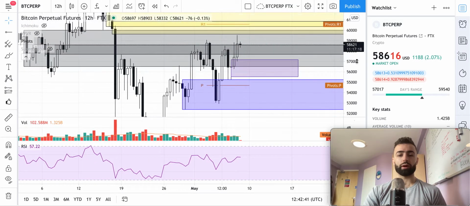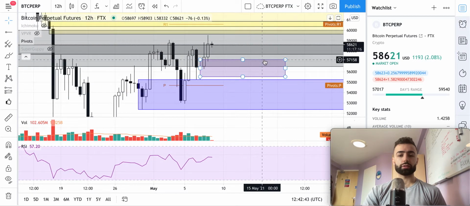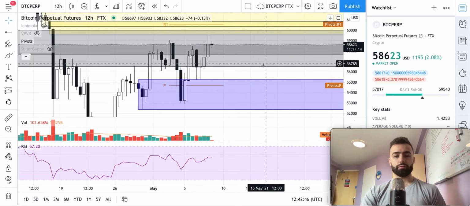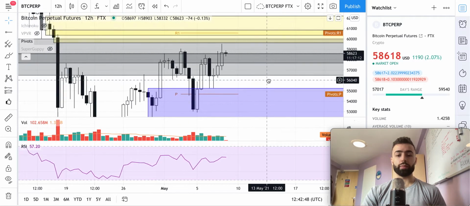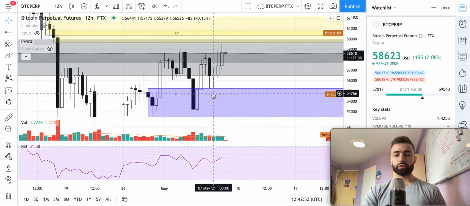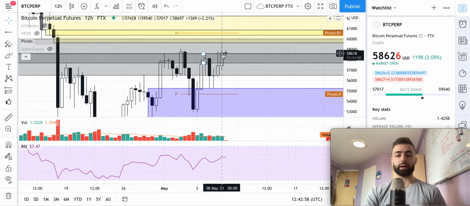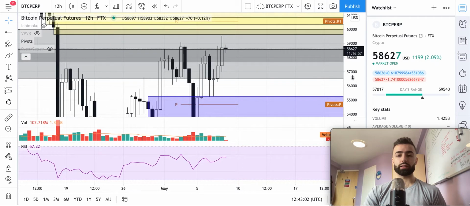So if we go to the 12-hour, there's a couple things to note here. First, we have the makings of a bull trend to put this back in the bull's favor. So the bulls have a low, high, higher low, and now they've made a higher high with one candle close above this high. Now they need to print the next 12-hour candle close above this high.